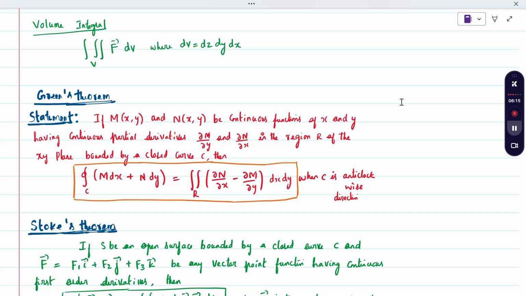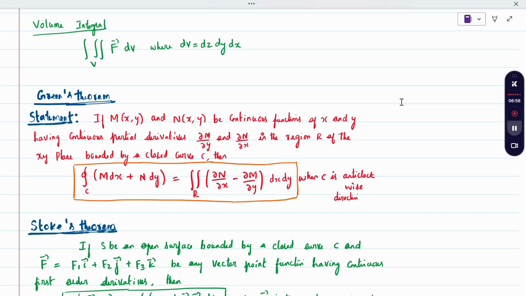With the formula, the statement of Green's theorem is: if M and N, that is M of x comma y and N of x comma y, are continuous functions of x and y having continuous partial derivatives, dou M by dou y and dou N by dou x, in the region R of the xy plane bounded by the closed curve C, then Green's theorem is single integration over C of M dx plus N dy equal to double integration over R of dou N by dou x minus dou M by dou y into dx dy, where C is in the anti-clockwise direction.